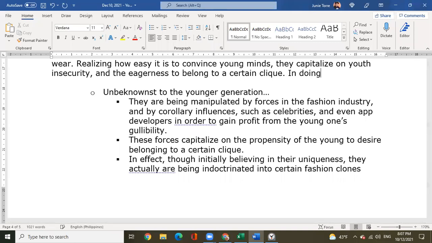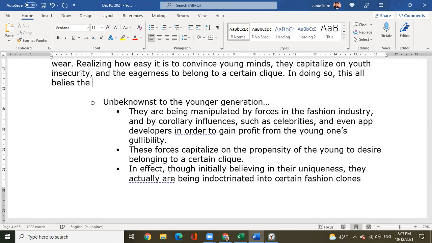In doing so, this all belies the idea that fashion develops unique identity as well as artistry and creativity.